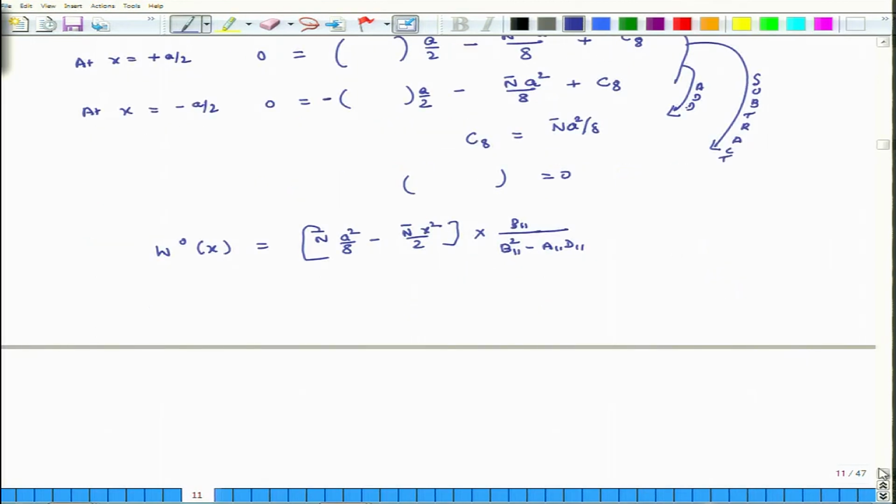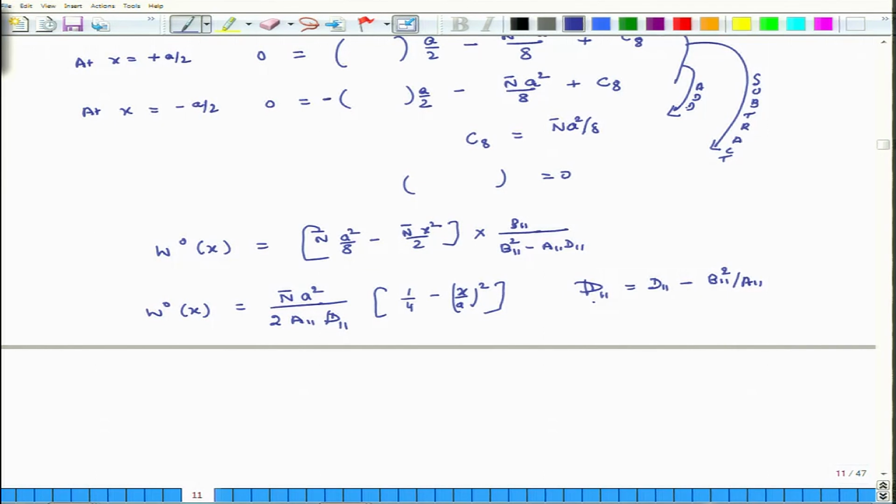Okay. And I can just reorganize this again. What I am going to do is take n a square over 2 outside the bracket, and I will call a11, also I will take it out, and this is script d11, and in the parenthesis I will be left with 1 over 4 minus x over a square, and here script d11 is equal to d11 minus b11 square over a11.